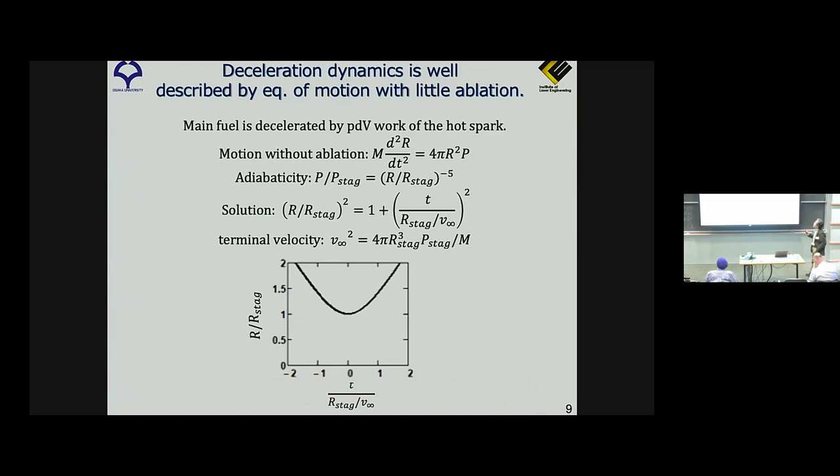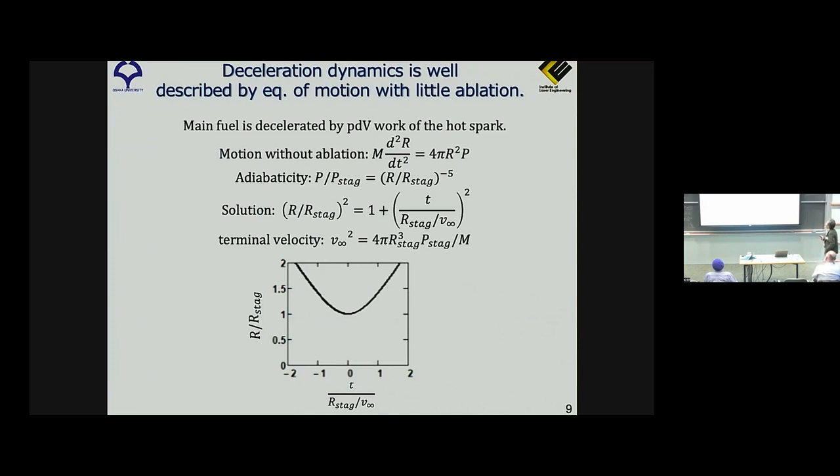The deceleration phase dynamics is also well described by the equation of motion with little aberration. In this case, aberration doesn't matter. So in the equation of motion, the mass is outside of the derivative.